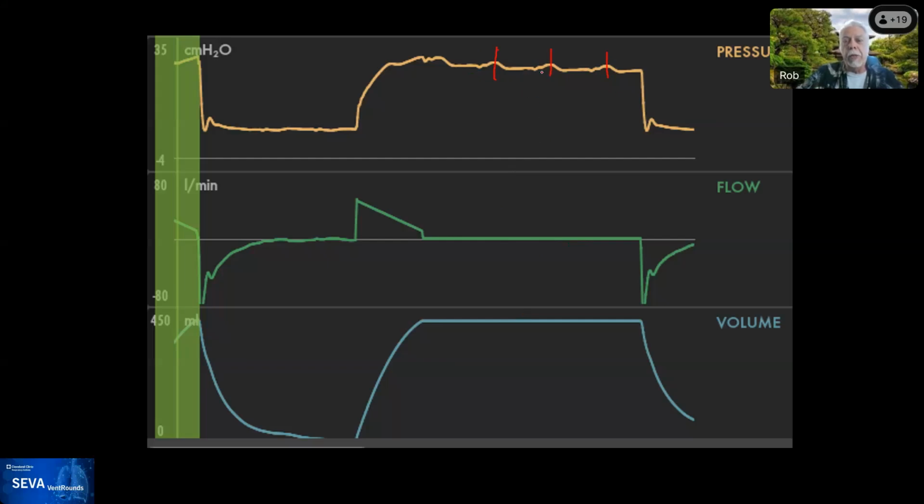We see these changes in pressure about every second or so, but maybe I think it's every half second. So something that happens every half second is much more likely to be a heartbeat than an inspiratory effort, particularly when it's so regular here, right? These are regular intervals. So I think that we would go ahead and say that this is cardiac oscillations, and that's how we would characterize this thing.